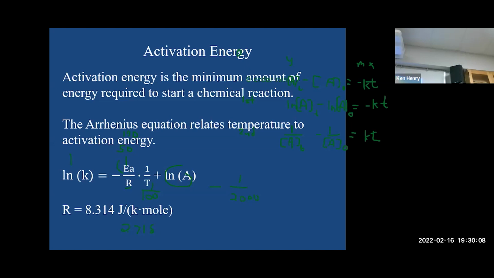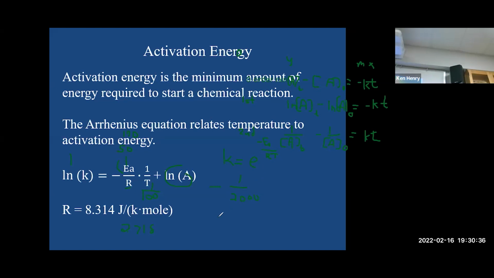Okay, so what we're gonna have is K equal to e to the negative EA over RT.